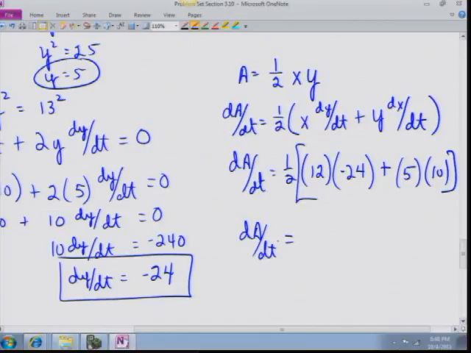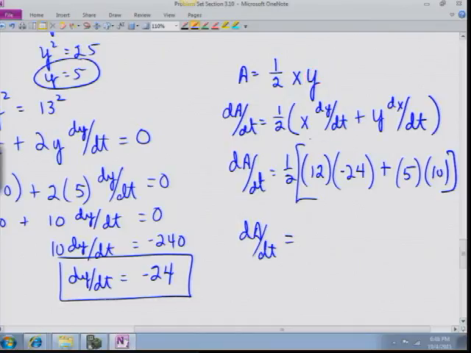I would have probably messed up already because I thought we were doing dA/dt equals 1/2 x dy/dt. I would probably do x dx/dt because that's what I'm doing in the row. Well, but look here, Leland. This is a product, so it's x times the derivative of this. Yeah, I got it. Okay.